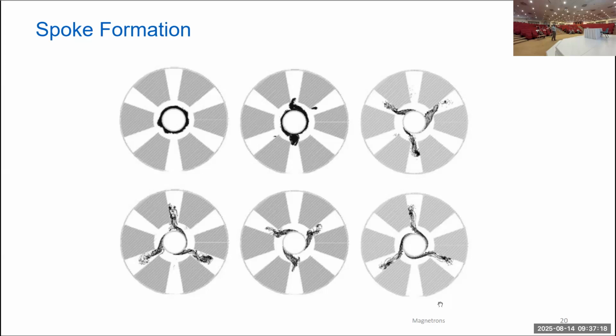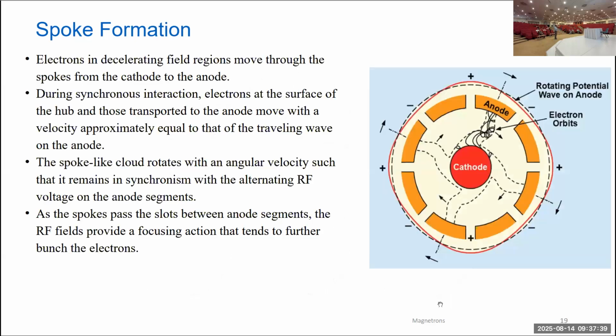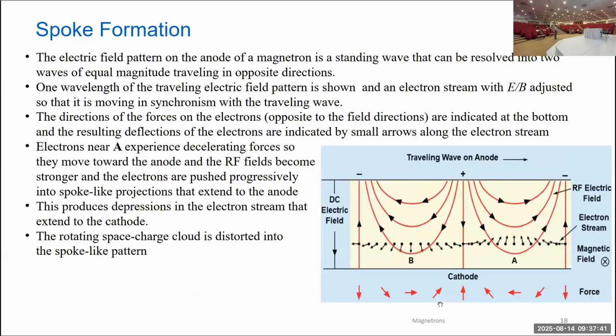This spoke is circulating. Now, the electrons which move close to the cavity interact strongly with the field near the cavity, and they interact when this field produces RF, as shown here.